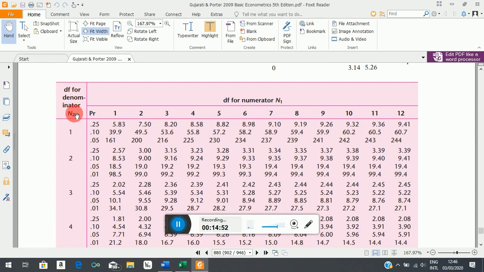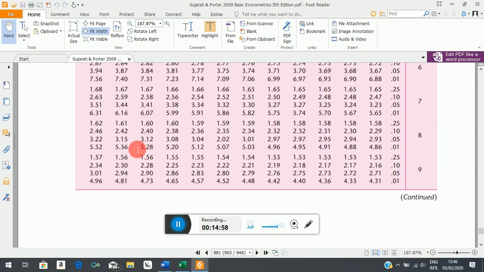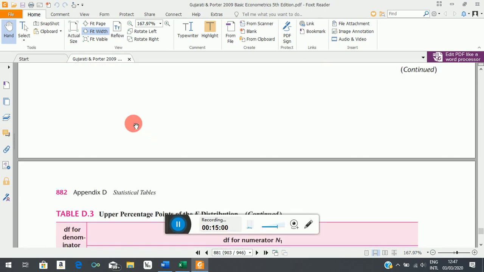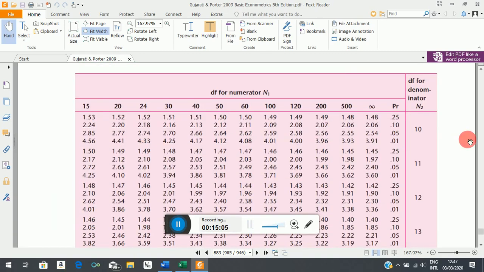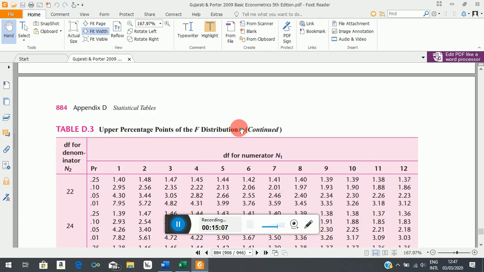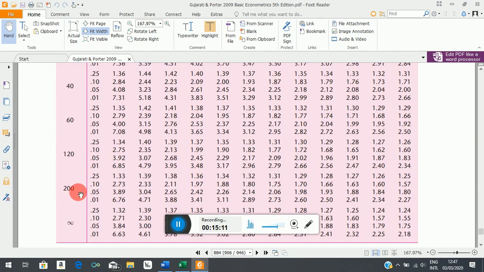So these numbers, we'll find them here. Sometimes they are labeled there. You keep scrolling until you get there. Now you see they are this side, because it's a continuous table. Now they are this side, now they are that side, now they are this side. Now we reach, I think, the end of the table.